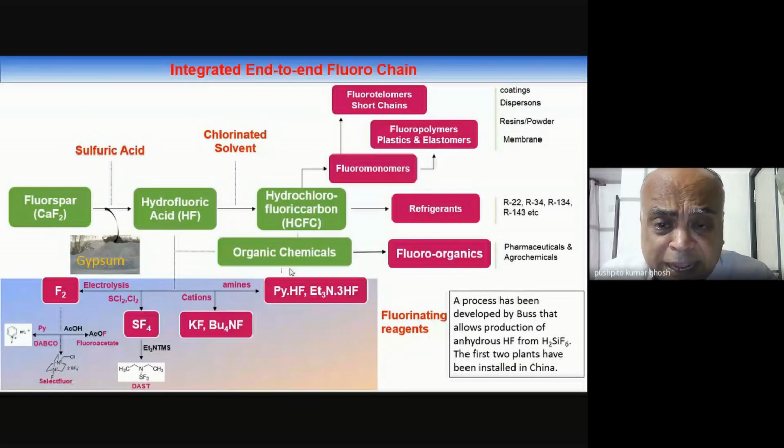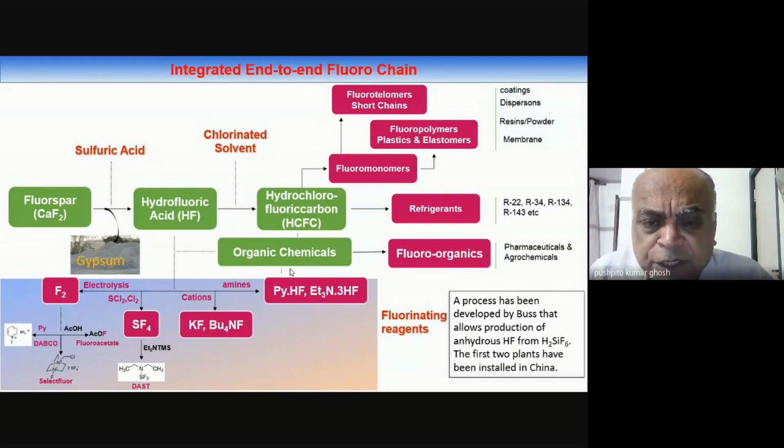Now, the H2SiF6 has a very limited use. Earlier, it was used a bit more to make aluminium fluoride for the production of aluminium, for the production of cryolite. You would have seen how AlF3 is used. But what has happened is that the quality of AlF3 that you get, in terms of a density requirement, is a bit low, and so people don't really like it that much.